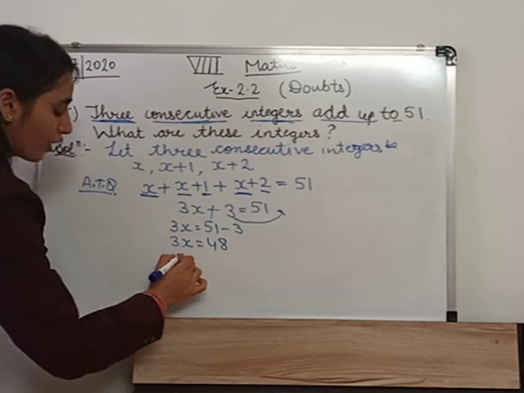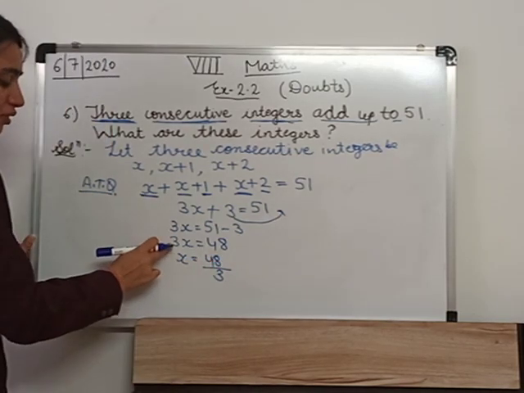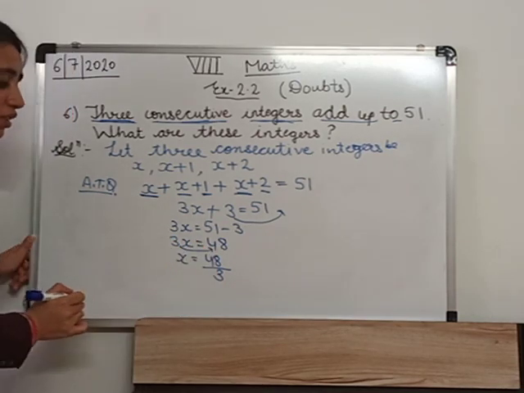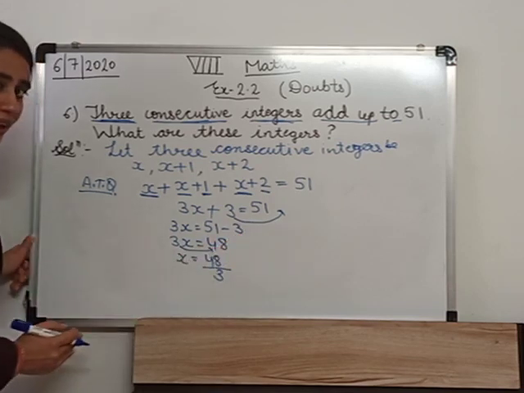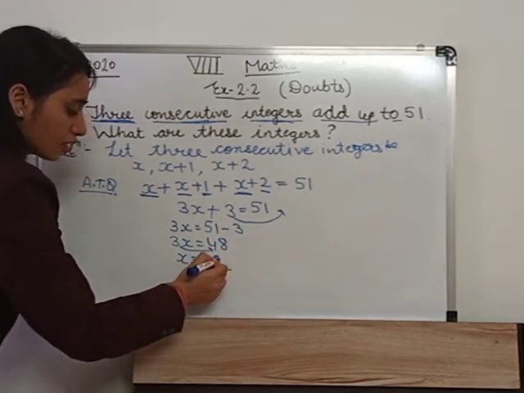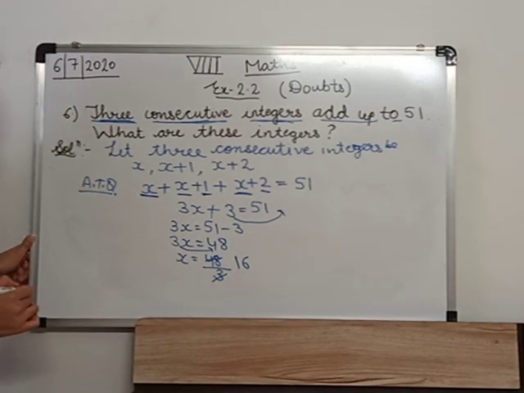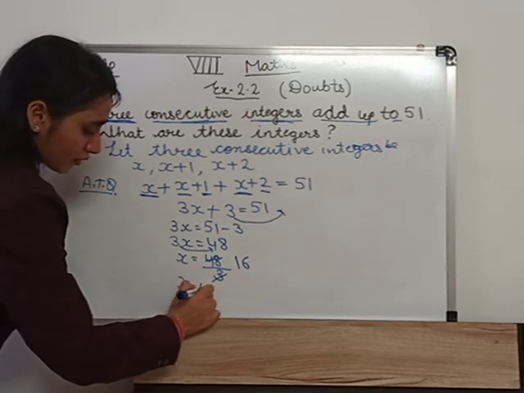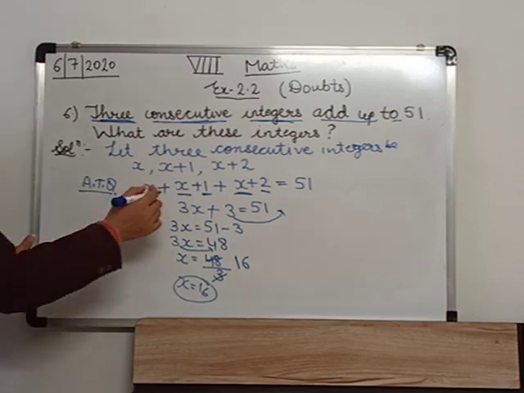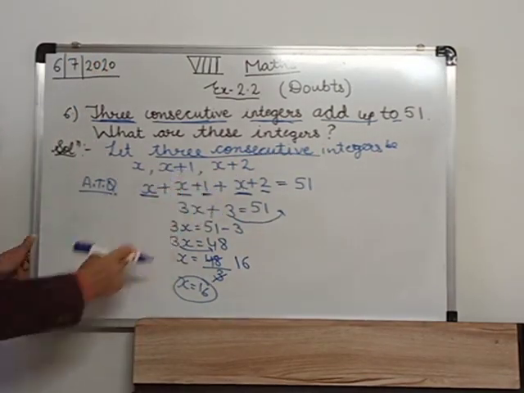Now find the value of x by dividing 48 by 3, because 3 is in multiplication. By the transposing rule, when we shift 3 to the right side, it is in division with 48. 3 ones are 3, 3 sixes are 18. So the value of x is equal to 16. Now our 3 consecutive integers are x, x plus 1 and x plus 2.